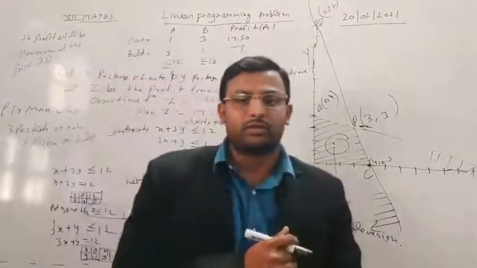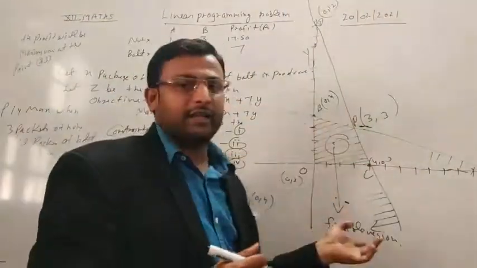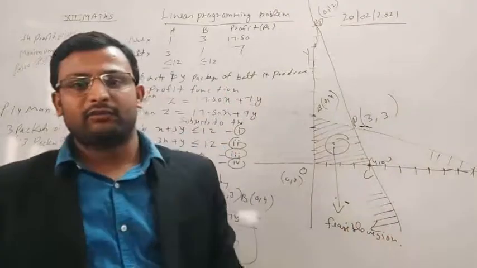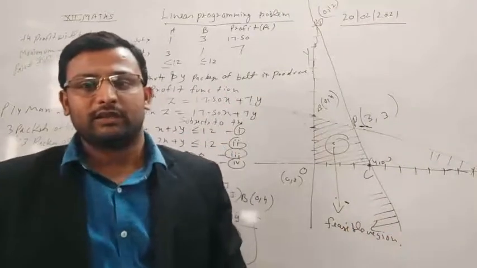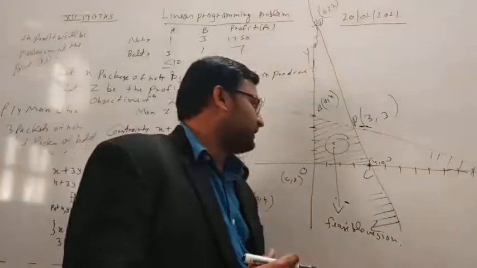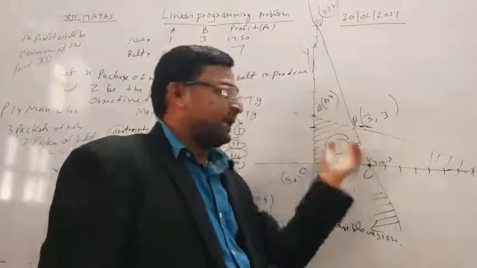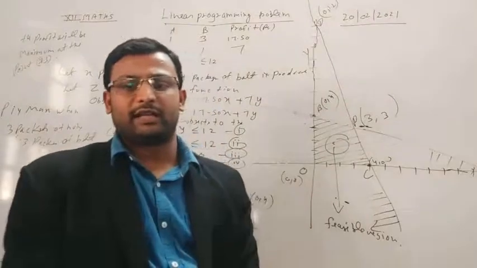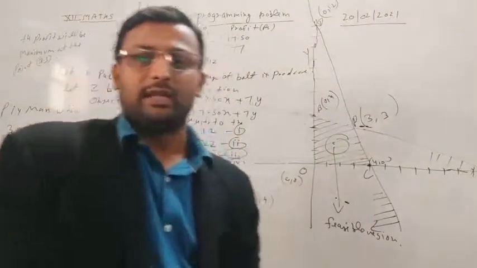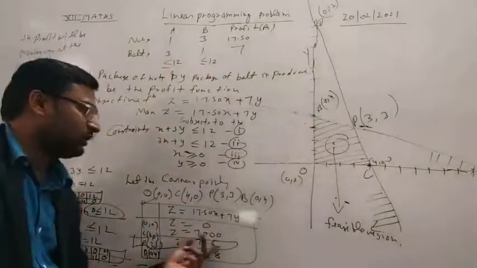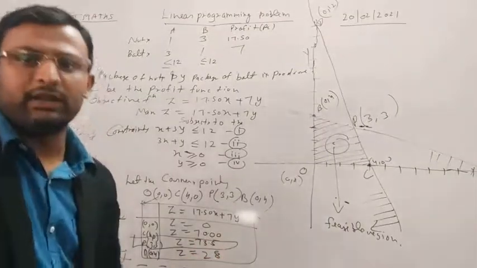Our first priority is to draw the graph of the inequalities and find the feasible region. After getting the feasible region, we take the corner points and find the value of Z at the corner points, and we get our solution. Okay, I hope you understand, students.